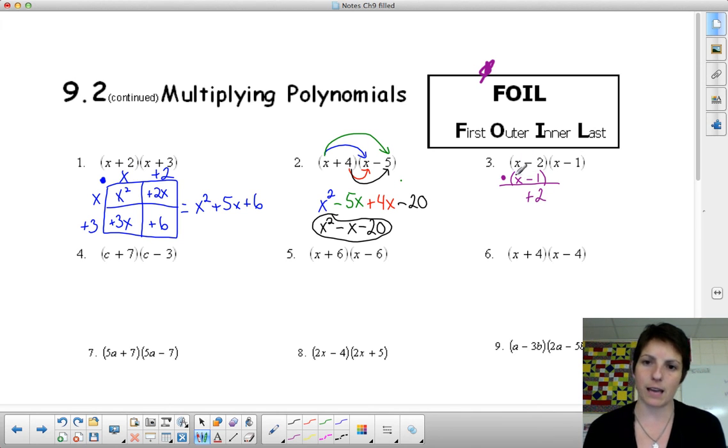Negative 1 times x, so that's negative 1x, or negative x. We do x times, I forgot my place holding 0. Place holding 0. Then we do x times negative 2, that's negative 2x. And finally we do x times x, which gives us x squared.